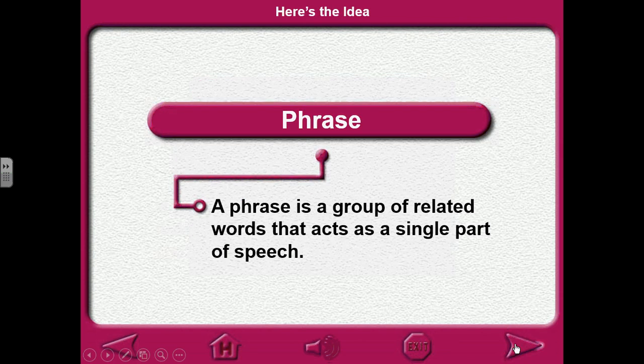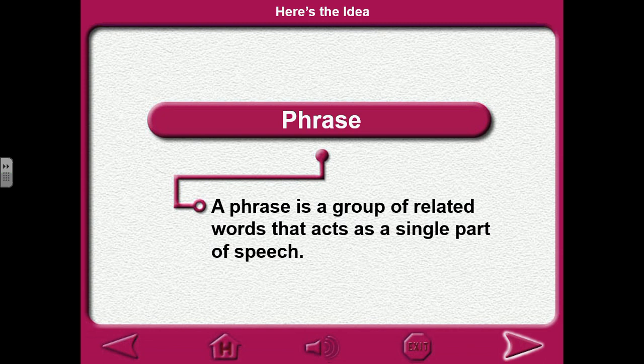So the phrase, as we know, is a group of related words that acts as a single part of speech. We've been talking about that for a little bit. We talked about it with verb phrases, and we talked about it with prepositional phrases. But the important thing that we need to know about this is that it's a group of words acting as one part of speech.